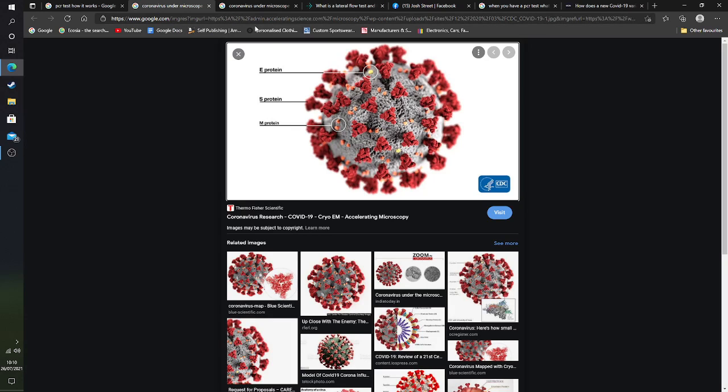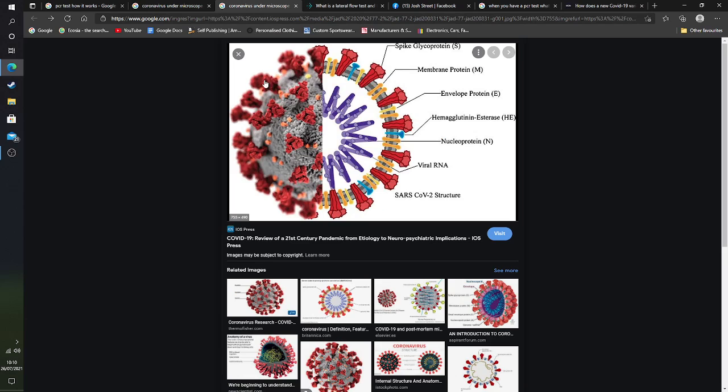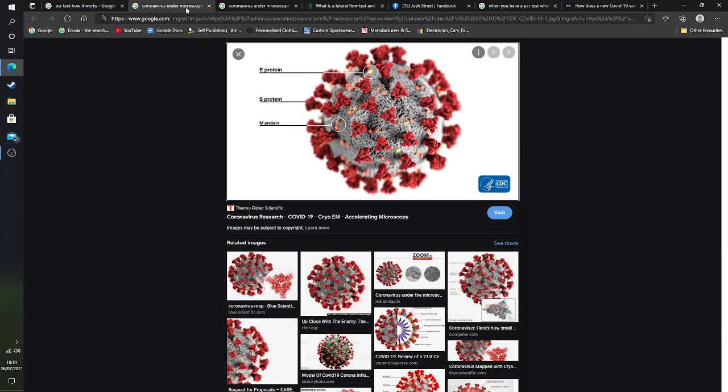So then obviously there's a couple of pictures here just to show you a basic concept of what it looks like. Obviously this isn't actually an image under a microscope, it's an artist rendering, the same as this one, and an even simpler version. But the point of what they're saying is the same.